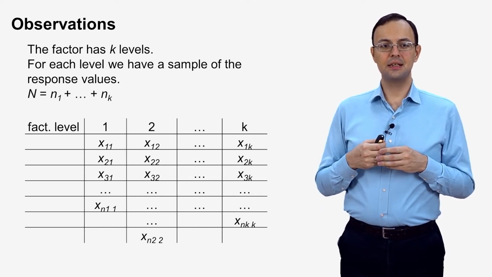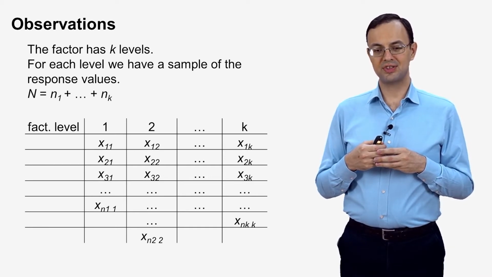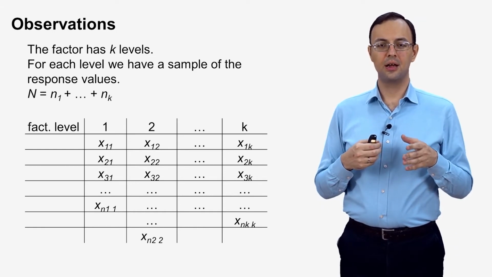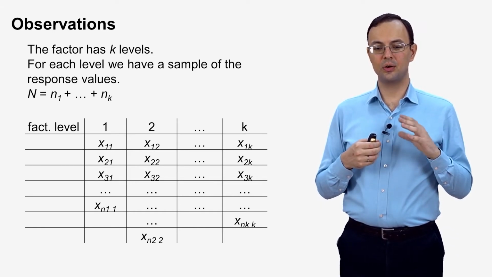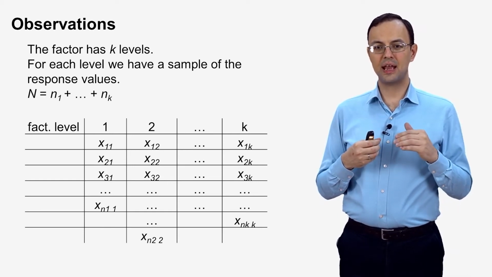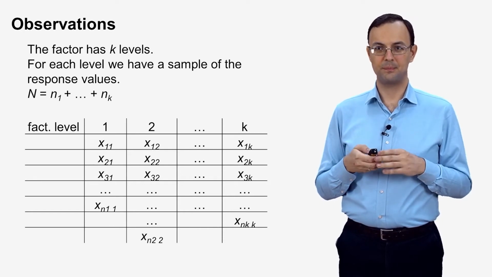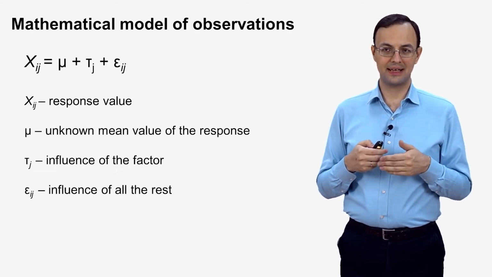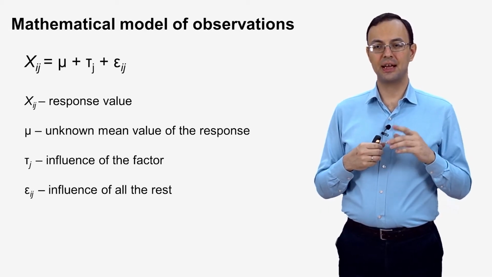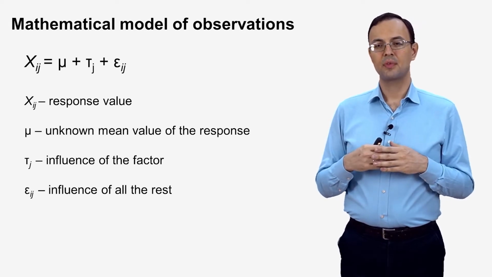As in the problem with two samples we have already discussed, here we also consider two cases when the observations, the response, has normal distribution and when it can have any distribution. So let's start with the normal case. But before this, I should explain the mathematical model of observations.